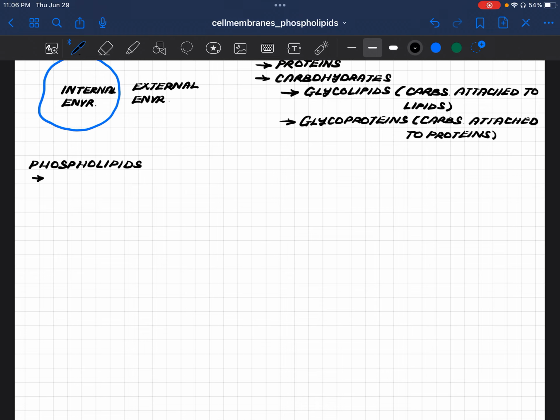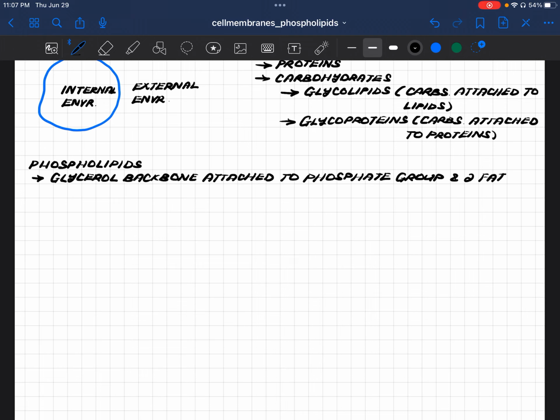So phospholipids have a glycerol backbone, and this glycerol backbone is attached to a phosphate group as well as two fatty acids.